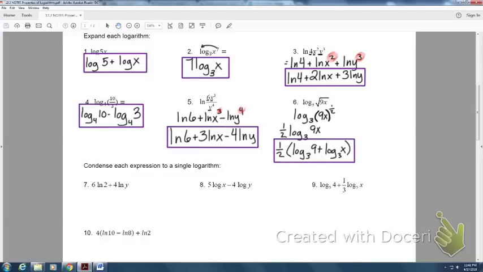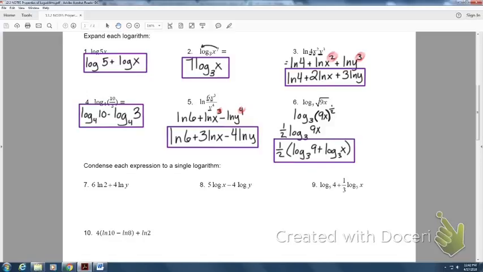Okay, so those are all examples of taking something and expanding it. Now we're going to take multiple logs and we're going to condense it down to 1. And you're going to do all these operations. You can do all these operations in reverse order. So previously, whenever we're expanding, we wanted to deal with the multiplication and division first.